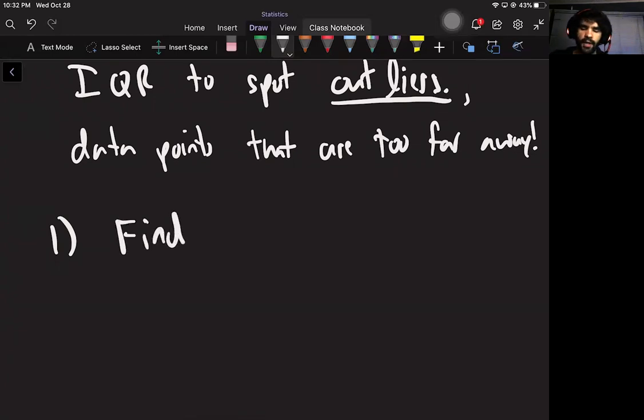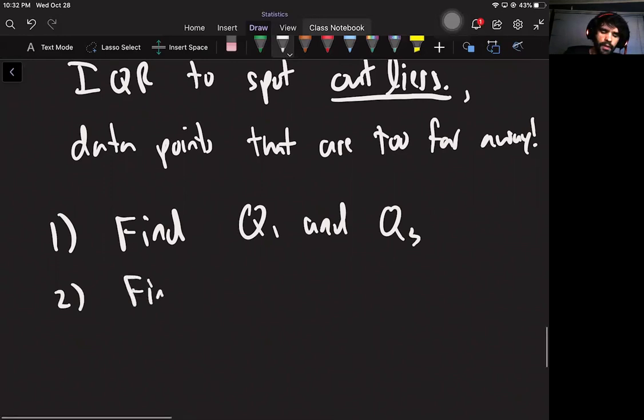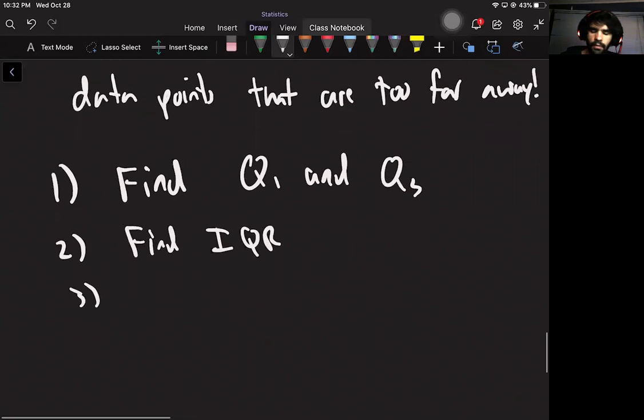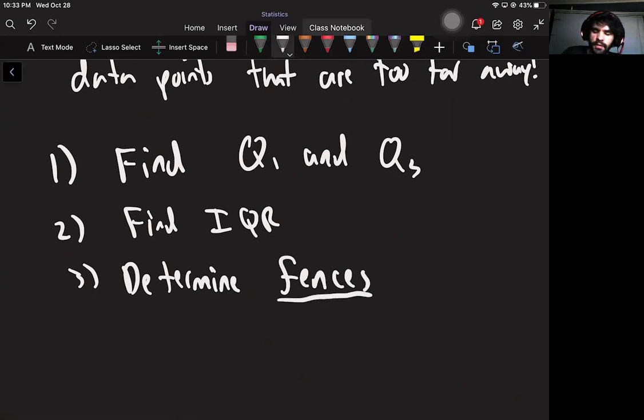All right, so how do we actually spot outliers? First, we find Q1 and Q3, which we already did earlier. Then we find the IQR, which again we already did earlier. And now we have to do something different. We have to determine something called a fence. The idea is just like a real life fence.